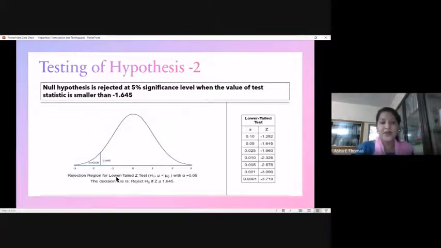But when you are manually calculating, we'll take the value from the table.